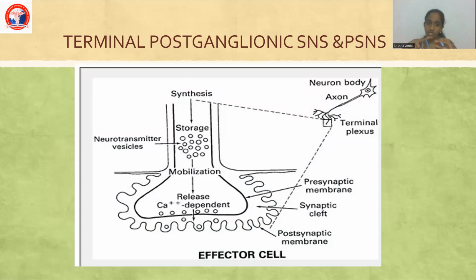Whenever the stimulus comes via the postganglionic neuron, these vesicles are mobilized towards the end of the neurons. These vesicles are released via a calcium-dependent channel. The neurotransmitters are released, pulled into the synaptic cleft, and have their action finally in the effector organ.